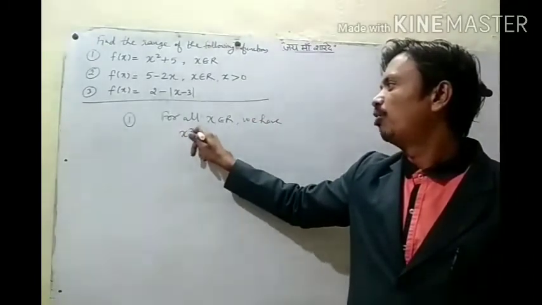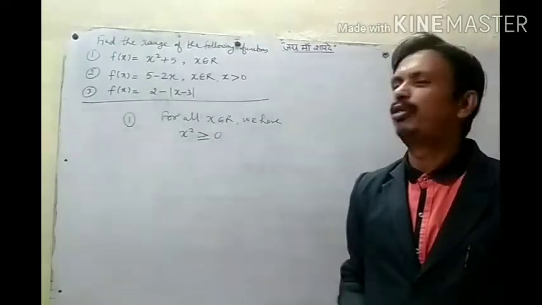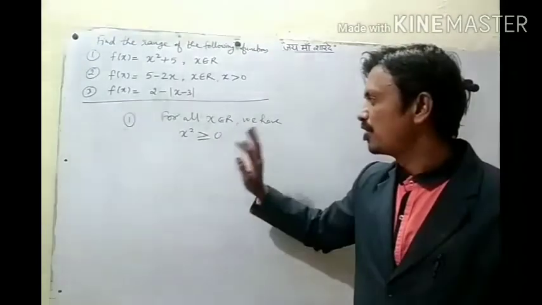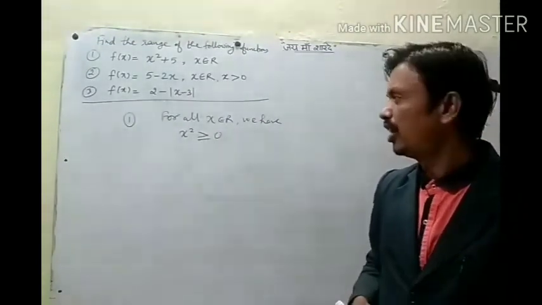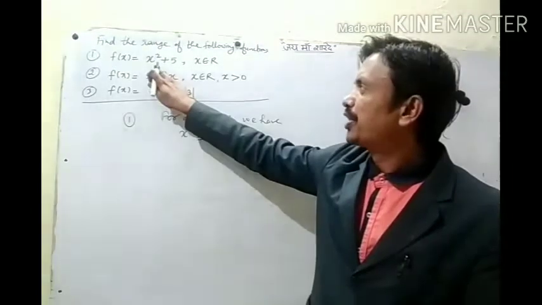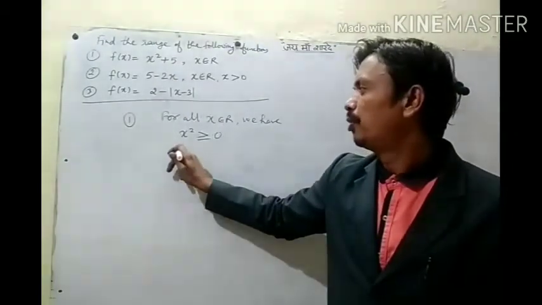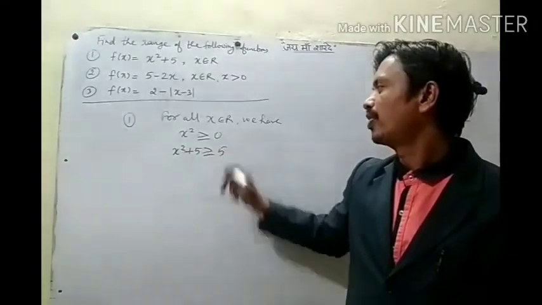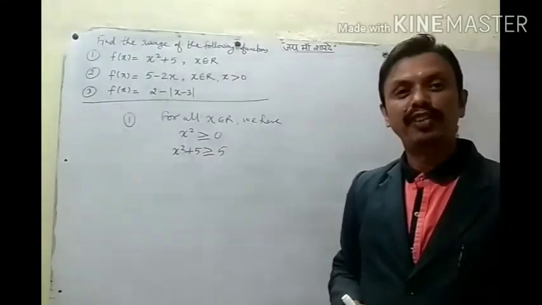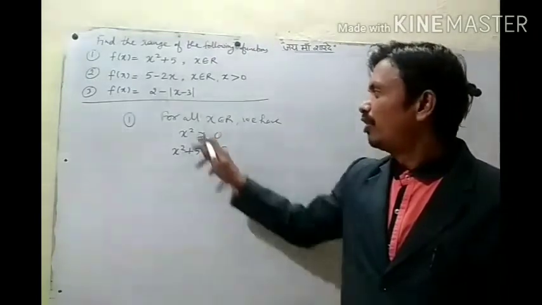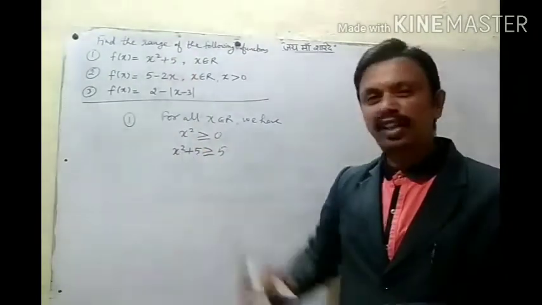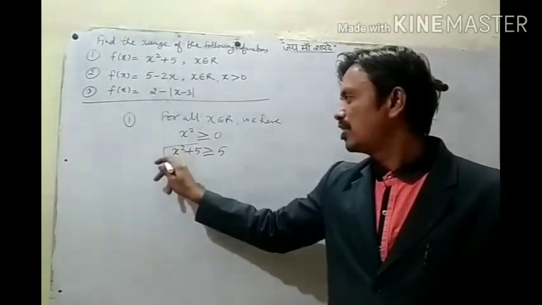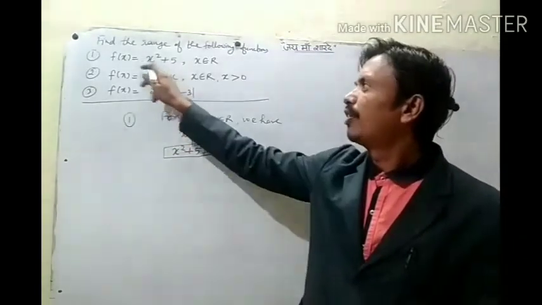x square is always more than or equal to 0. Okay? So here we have x square plus 5. So if we add 5 both sides, what will happen? x square plus 5 is more than or equal to 5. Now if we see this, what is it? f of x.